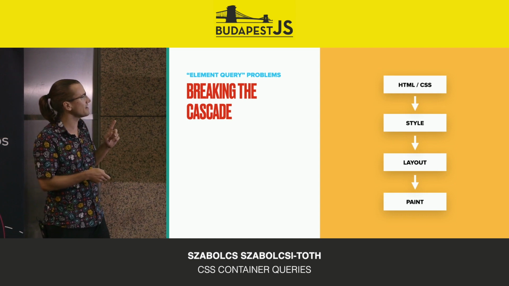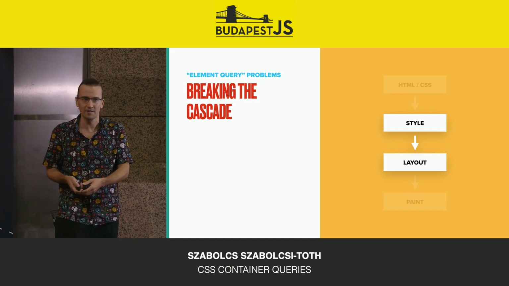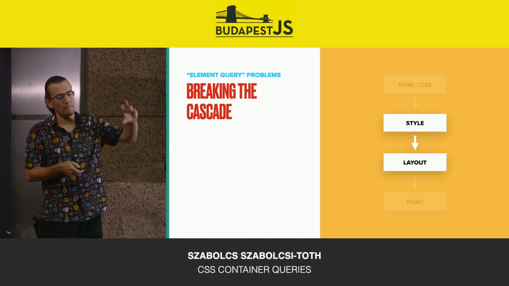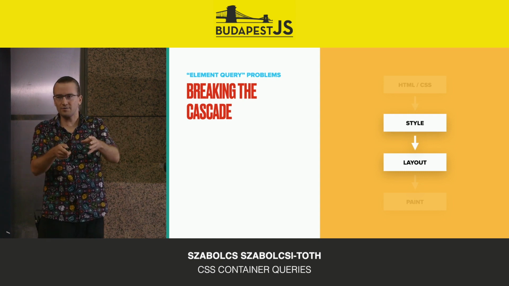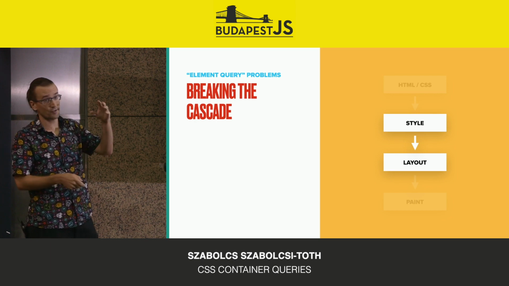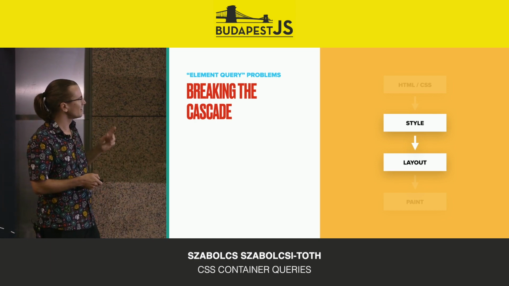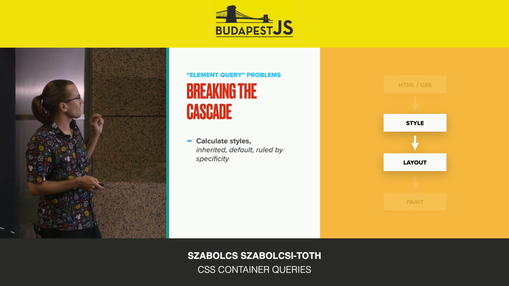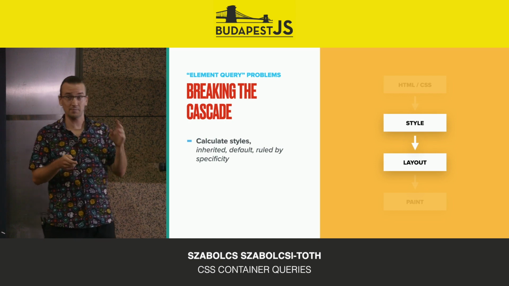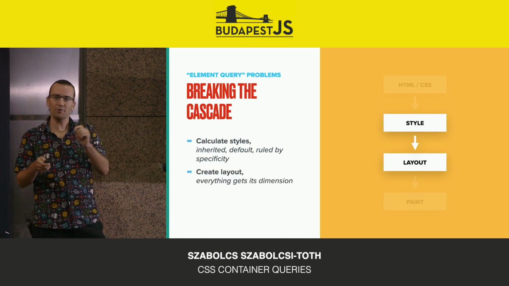Now, let's just focus on these two first parts. So first we calculate the style, which means that if I have a rule which should be something and it has children which inherit some CSS rules from there and so on and so on. And then I try to calculate all the sizes according to those rules. But let's say we have these styles calculated, inherited, defaulted, ruled by specificity, and then we start to create a layout.